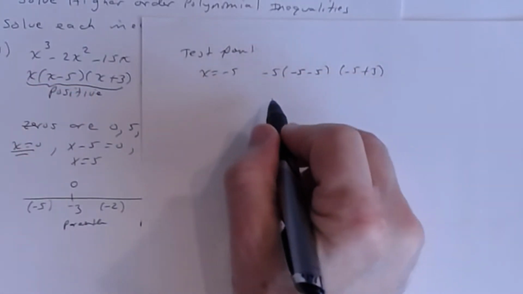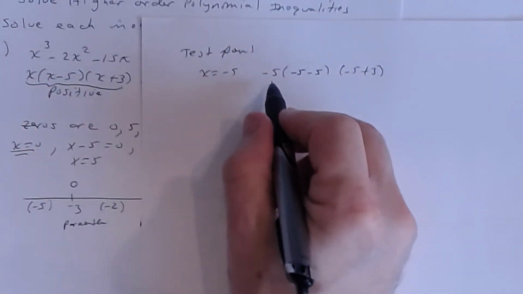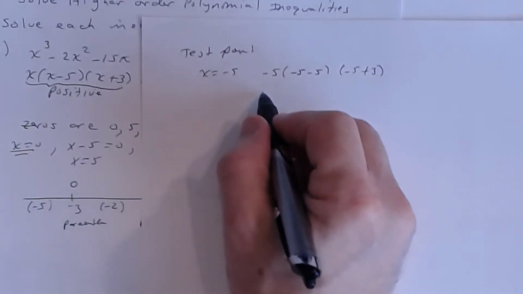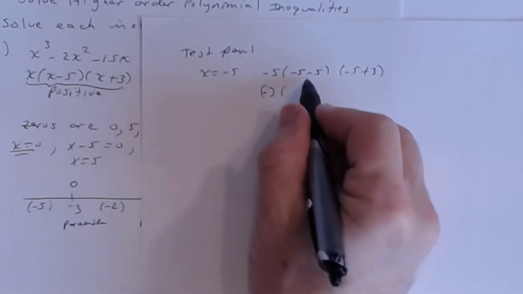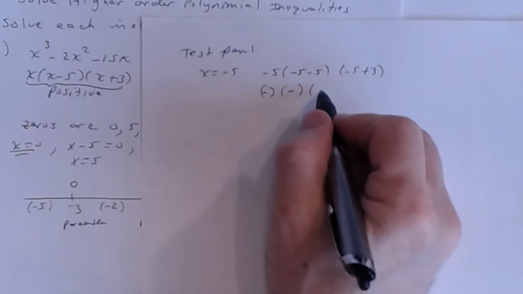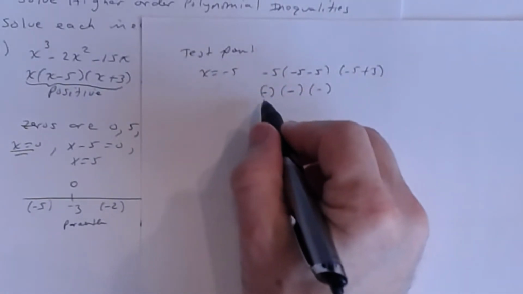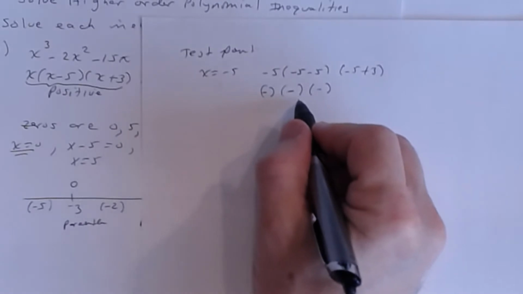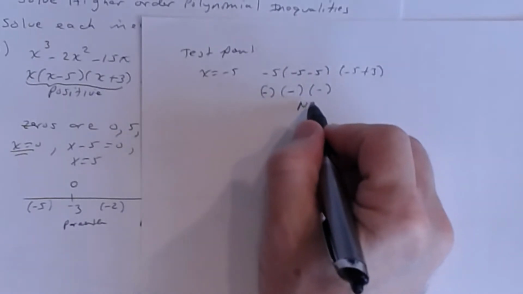And so really all you're interested in doing is determining what sign this is. So I have a negative, -5 is negative, -5 minus 5 is -10, that's negative. -5 plus 3 is -2, that's negative. So a negative times a negative is a positive, times a negative is a negative.